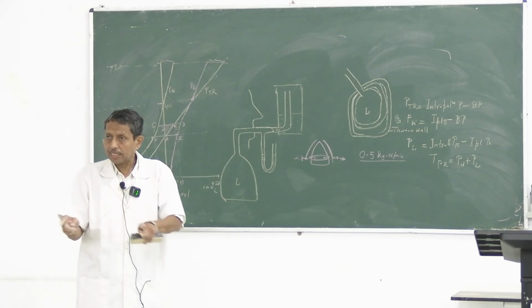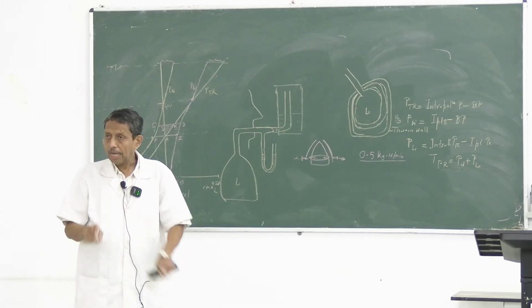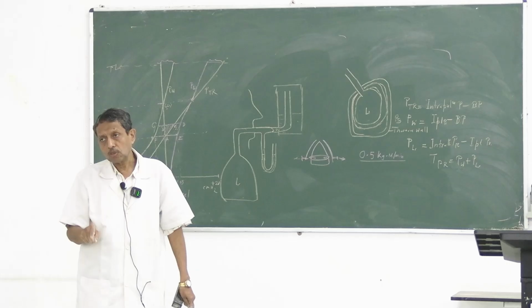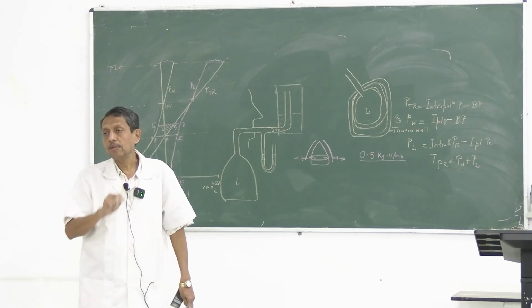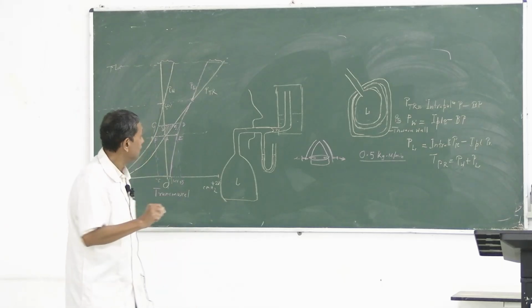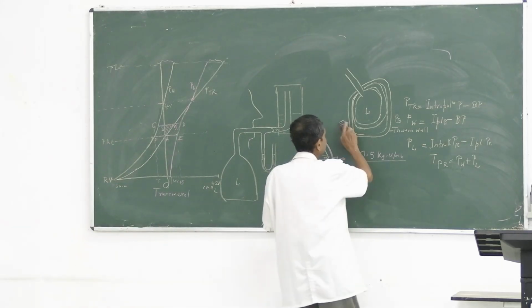Either you can decrease the external pressure or you can increase the internal pressure. In this way transmural pressure can be considered. And it is alternately filled with saline and air. And a curve can be drawn. And what is the curve in this case?